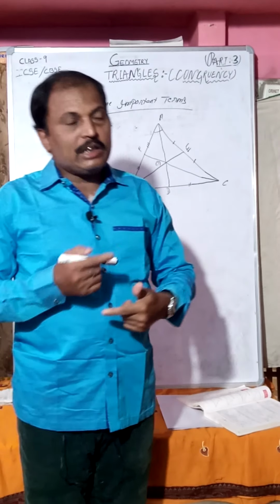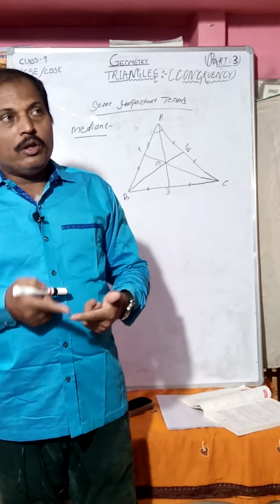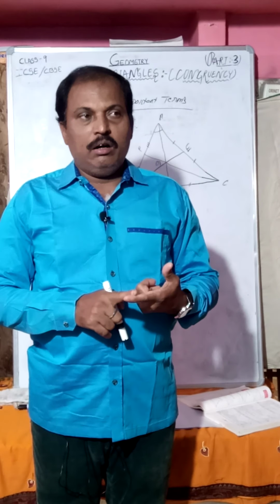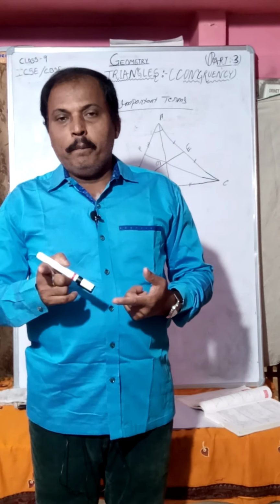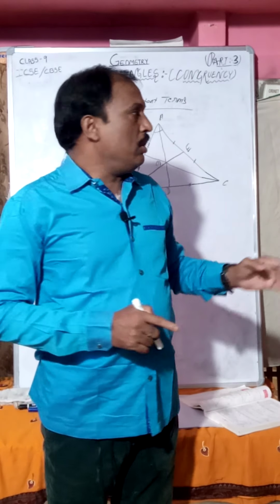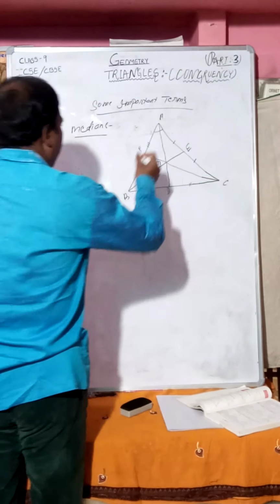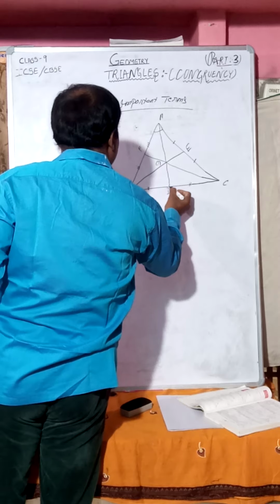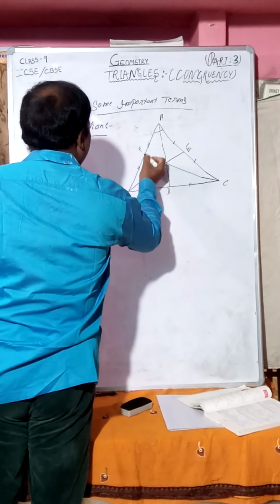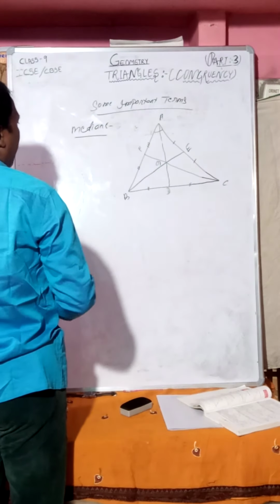So what is the definition of a median? The line joining any vertex of a triangle to the midpoint of the opposite side is called a median. D is the midpoint of BC, E is the midpoint of AC, and F is the midpoint of AB.